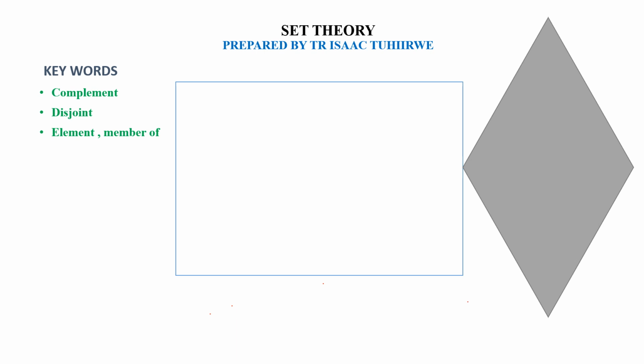Now if I say that set A is a set of vowel letters, then it means that A, E, I, O, U are the elements of set A. So there now, we say that those elements found in that set are what we call elements or members of sets.